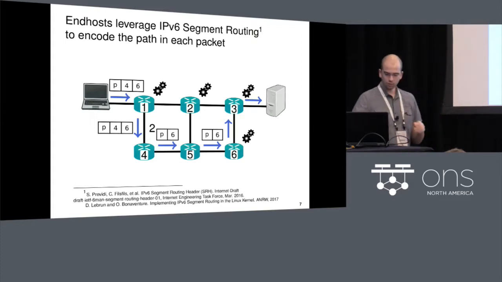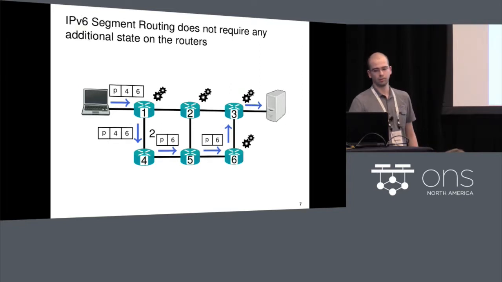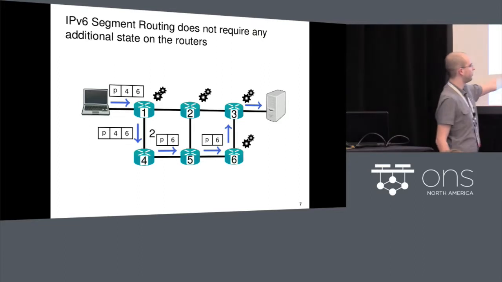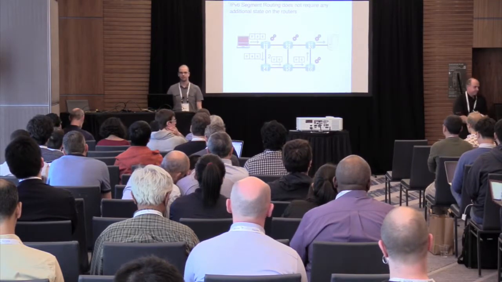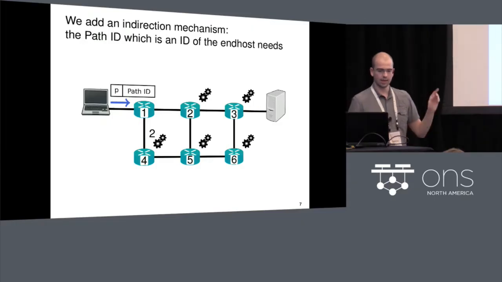But still, allowing the endhosts to directly specify which routers you cross is not really a good strategy, because the endhosts may certainly not have knowledge about the topology of your network. So what I will put instead is an additional level of indirection. Note that I said OpenFlow requires state inside the routers; to enforce this path, I didn't add any state inside the network devices.